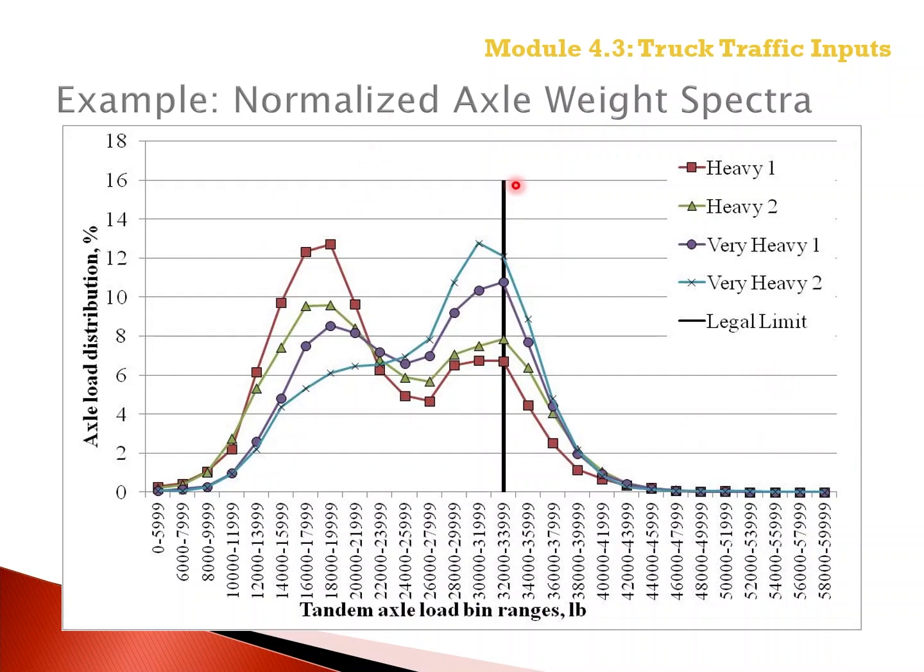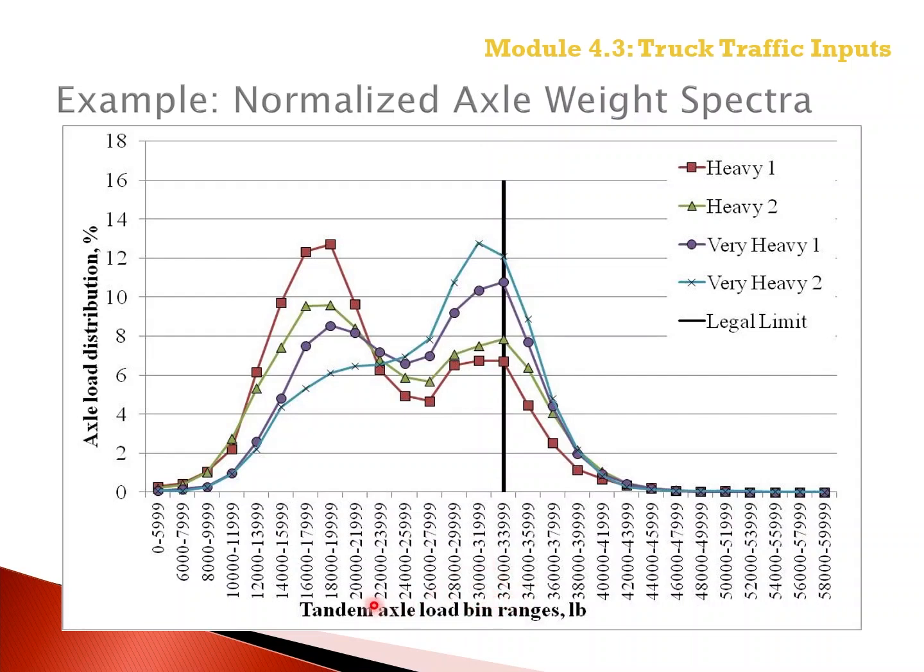So this shows what's defined as heavy axle load limit 1, heavy axle load limit 2, very heavy load limit 1, very heavy load limit 2 in comparison to the legal load limit for this roadway, as an example.